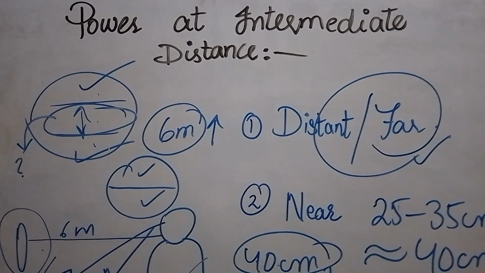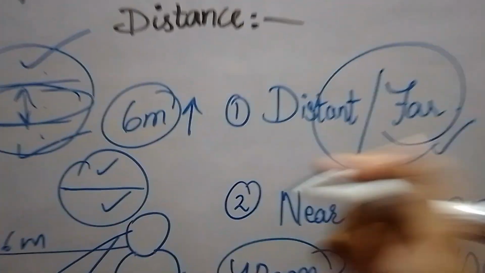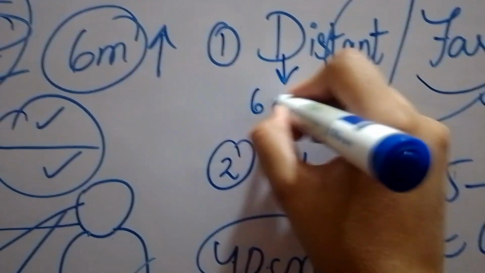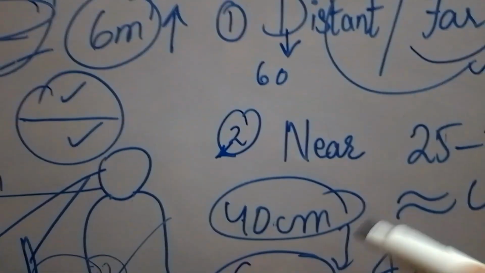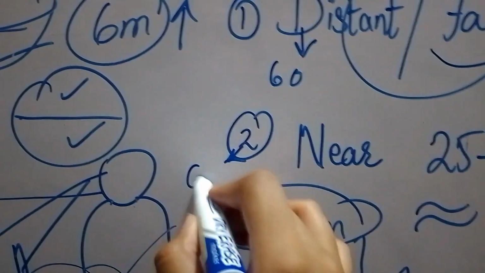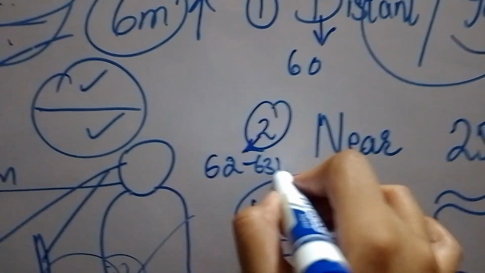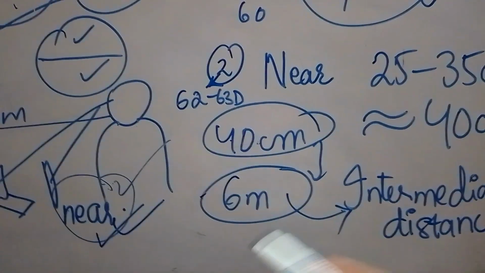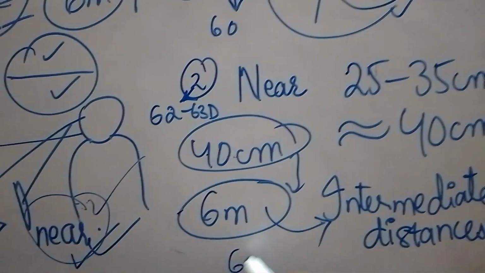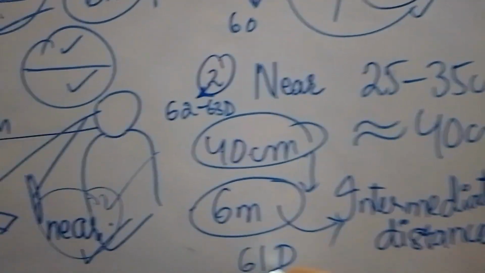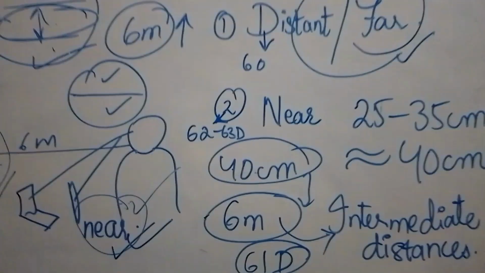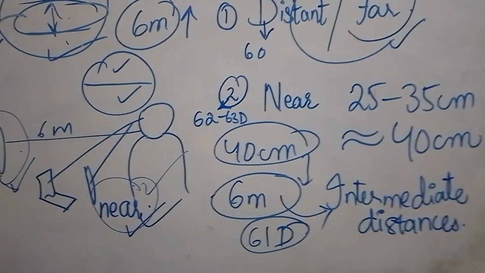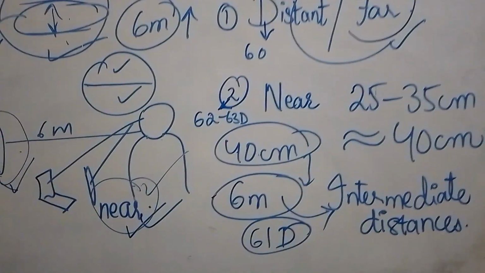And when it's minimum, the power of the eye at distance is 60 diopters, while when I'm viewing the near object, the power of the eye is 62 to 63 diopters, while viewing the intermediate distance, my power is between 60 to 63, it may be 61 diopters. So it depends on the power of the eye or the ability of the eye to focus, right?